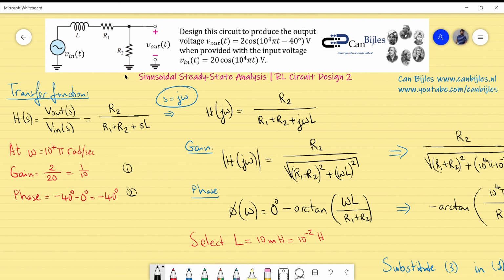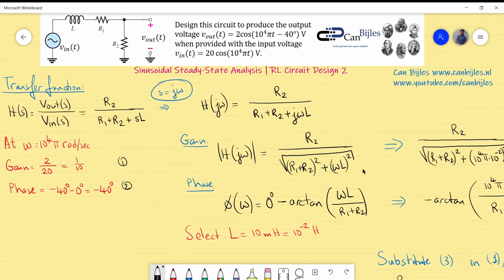If you increase the frequency, the reactance of the inductor will increase, so you will lose signal. What you get here will be lower and lower as the frequency increases. You can also see that in the expression for the gain. If omega is 0, you have R2 divided by R1 plus R2.